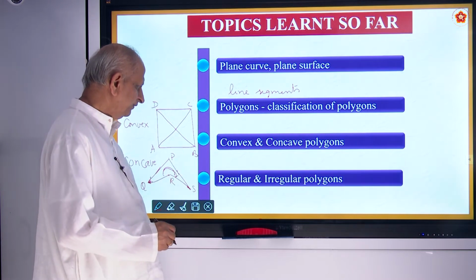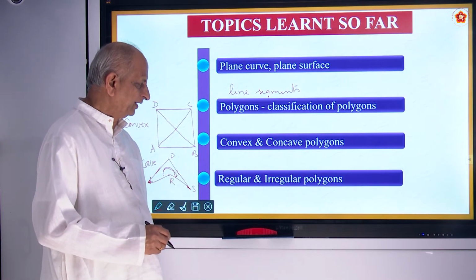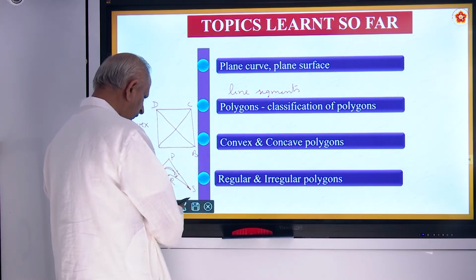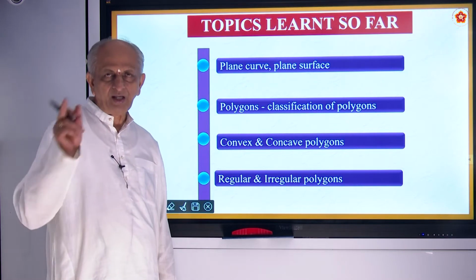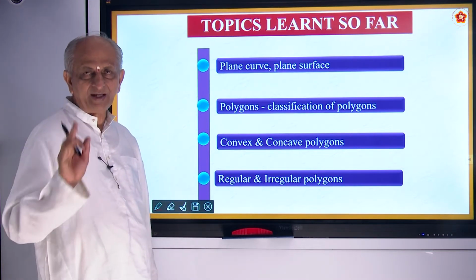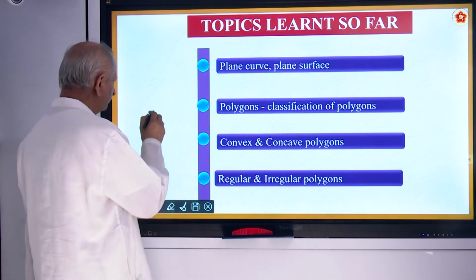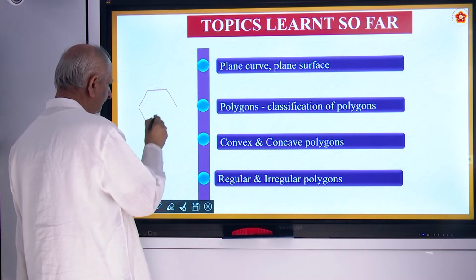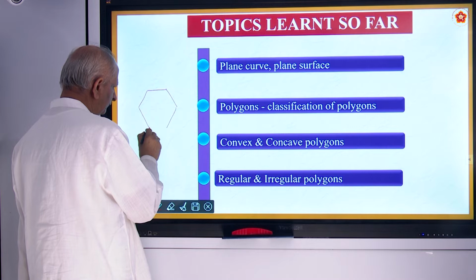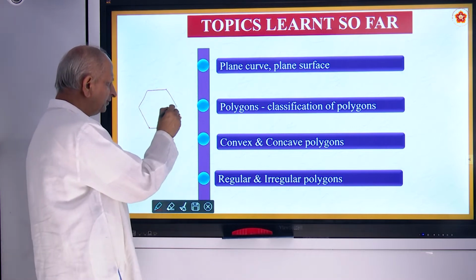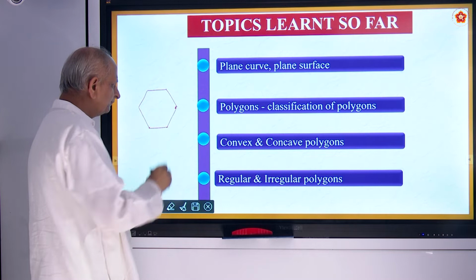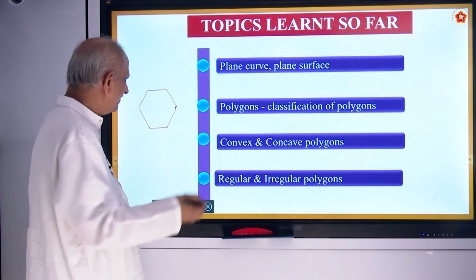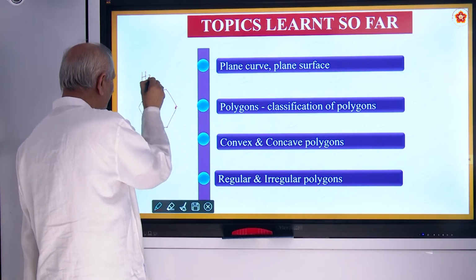Also we have seen about regular and irregular polygons. What is a regular polygon? A regular polygon is one wherein all the sides and all the angles are equal. For example, can you name this figure? It's a rough figure I am drawing, not exactly according to scale. What is the figure called? Anybody? Yes, it is called hexagon.